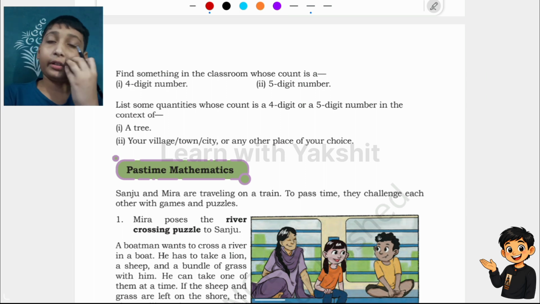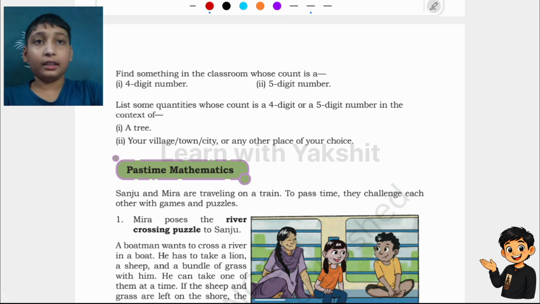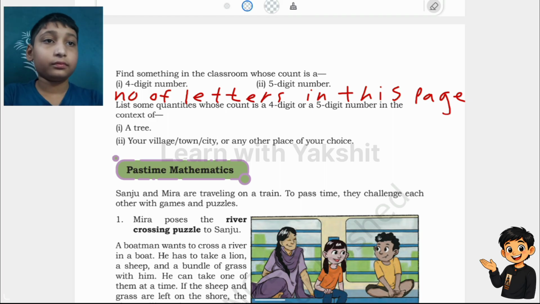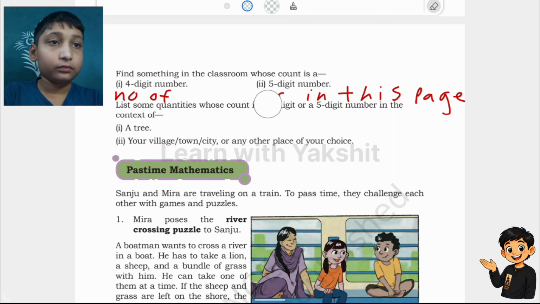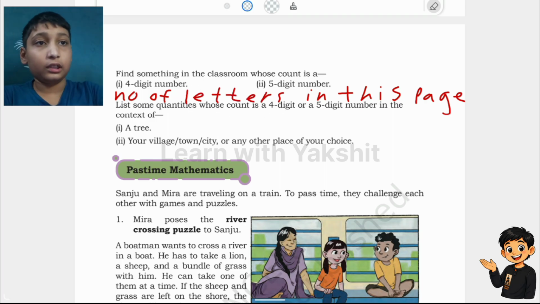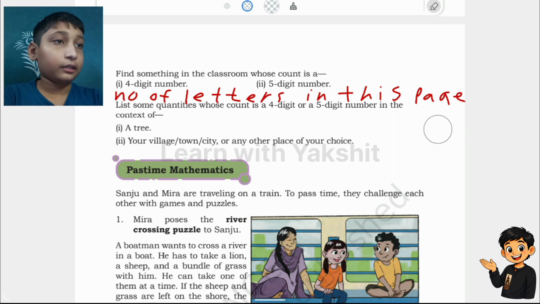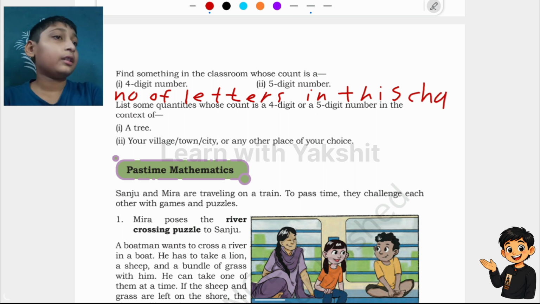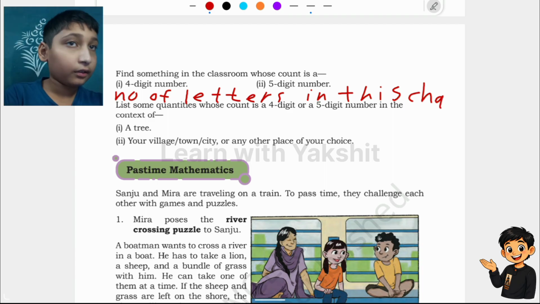Now for a 5-digit number, how about we do the number of letters in this chapter?